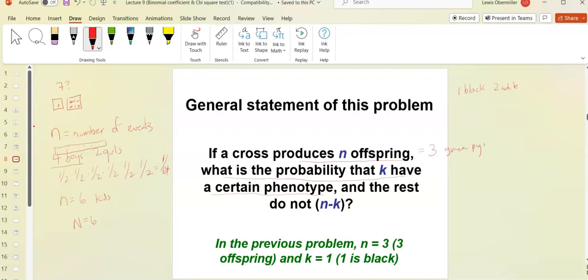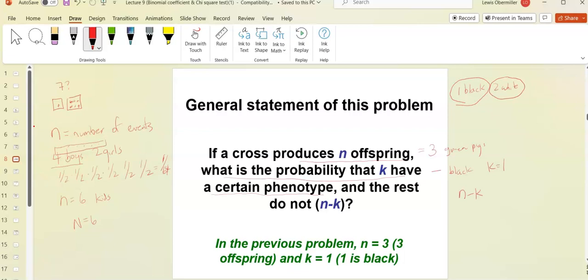What's the probability that k have a certain phenotype? We could let this equal whatever we want. We could say k equals black, so k is black, and the rest have n minus k, which is not black. In this case, we define that there is only going to be 1 black offspring, and the ones that are not black are going to be n minus k.